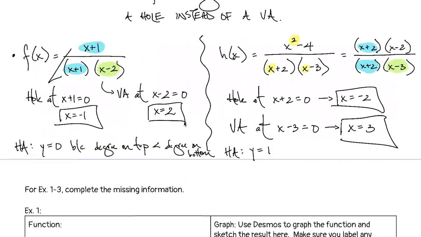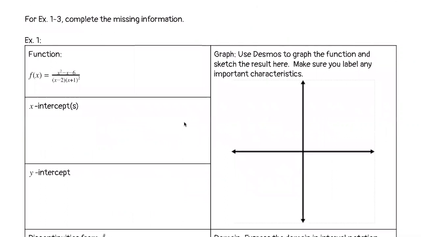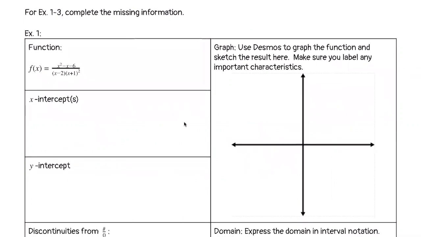Alrighty, so let's take a look at this example right here, okay? I think we're only gonna get through examples 1 and 2, which is totally fine, okay? And we'll just take a look at the quiz and see what we need to modify from there. But in this case, we're going to start with our equation, and then we're going to find a bunch of different information about this equation, okay? So we have f of x equals x squared minus x minus 6 on the top.